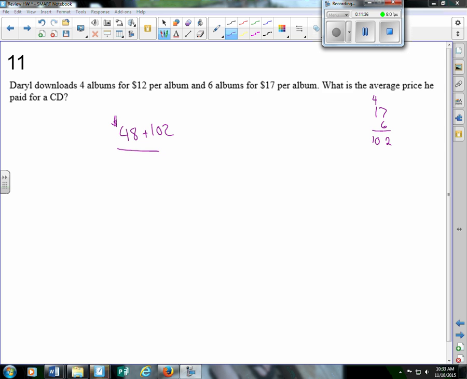And that's going to be over 10 total. So we get, still making a mistake here. Hold on a second. No, I didn't. We get $150 for the total spent on the albums over 10, which comes out to be $15 average per album or per CD.